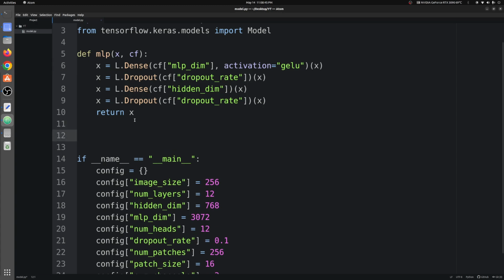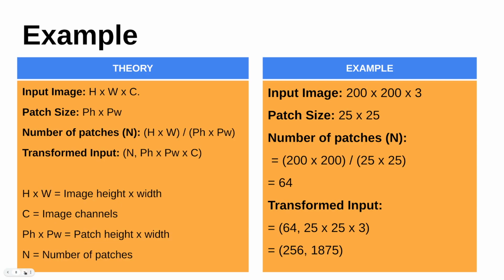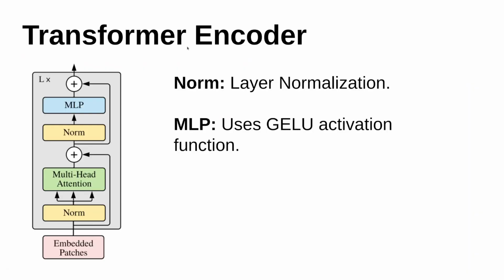Now we'll do the transformer encoder part. Before that, let me just give you an overview of the transformer encoder. So this is the transformer encoder. It begins with layer normalization. Then we have multi-head attention, and then we have this skip connection we added here, or you can say the residual connection.